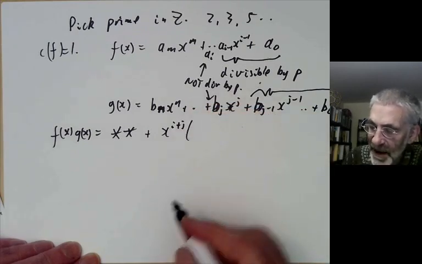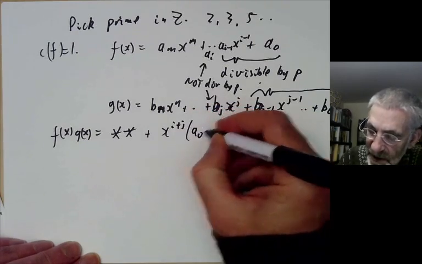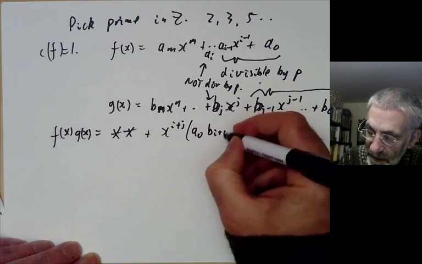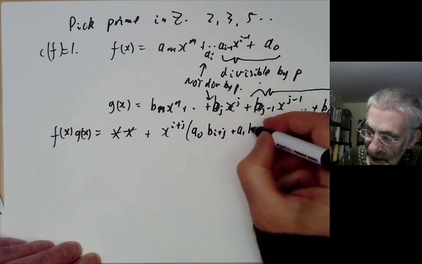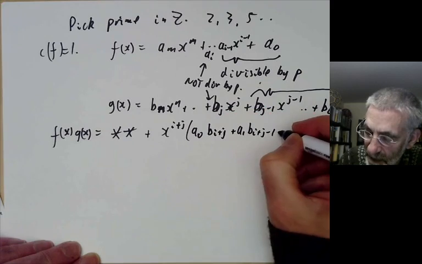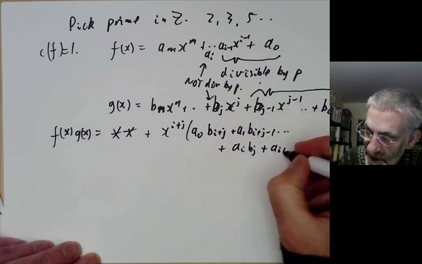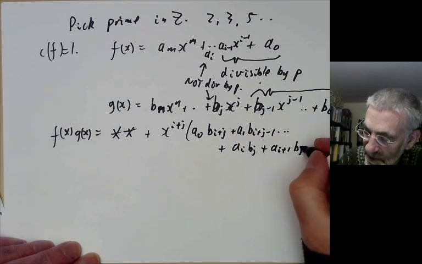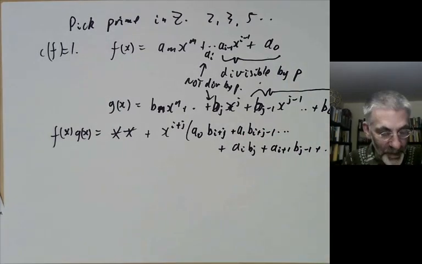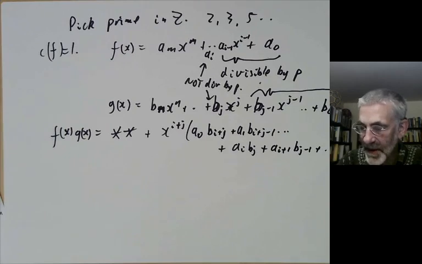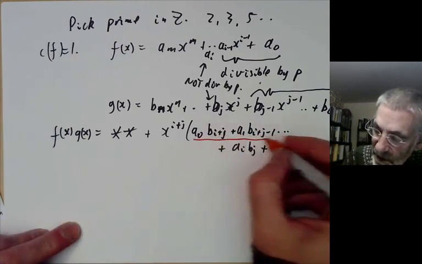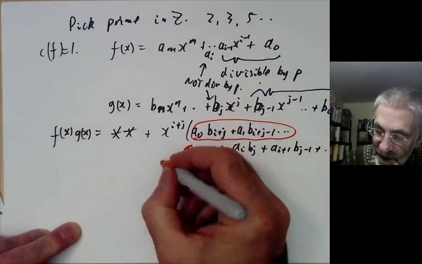Well, it will be the coefficient of x^{i+j}, a_0 b_{i+j} plus a_1 b_{i+j-1} and so on, plus a_i b_j plus a_{i+1} b_{j-1} and so on. And now what we do is we look carefully at this and we see that all these ones are divisible by p.